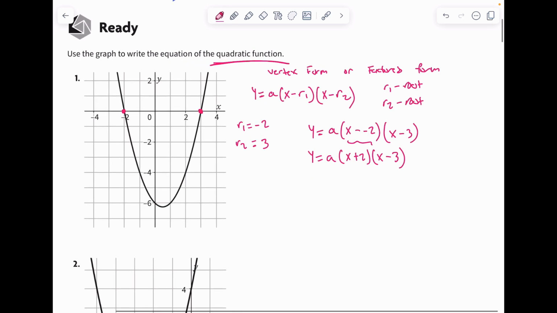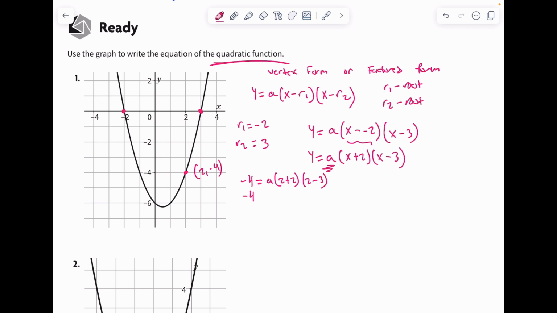Now we need to see if we can use this a. So how do we solve for a? To do that, pick a point and plug it in. I want to use this point, let's say this is 2 comma -4. So when y is equal to -4, a is what I'm trying to solve for. I'll plug in 2. So 2 plus 2, and then 2 minus 3.